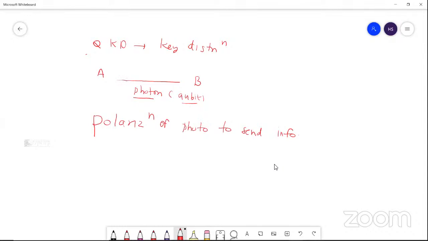So if you want to send 1010 kind of information to Bob, you will use this polarization, and polarization is a property of the photon. And what are the possible choices of polarization? If you see, there are 4 choices.